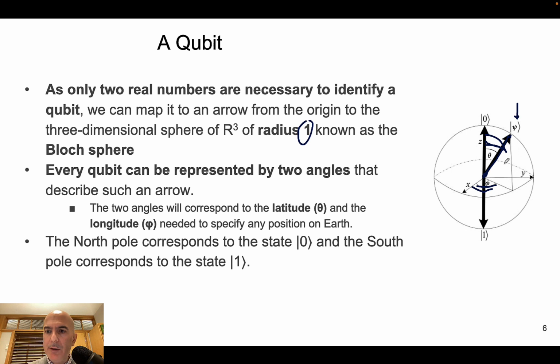An important part to note on the Bloch sphere is that the North Pole in this case corresponds to the state 0. This means that if our quantum state is the state 0, this will be this arrow here, and in case of state 1 it will be just an arrow in the opposite direction.